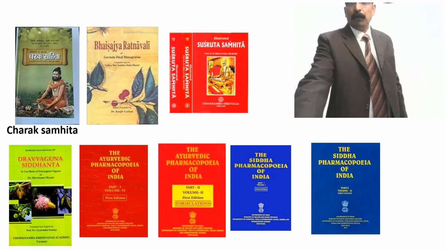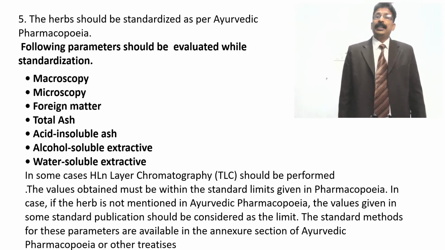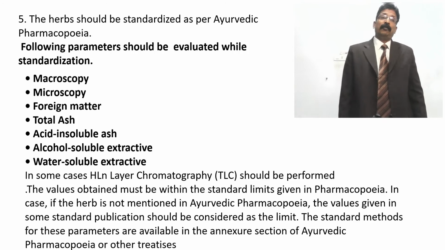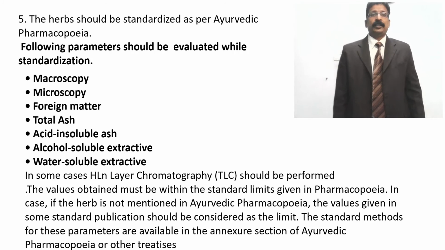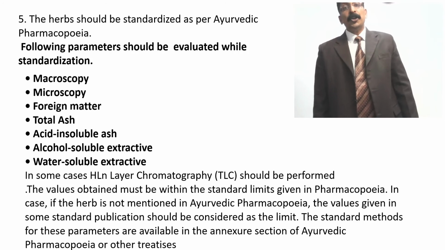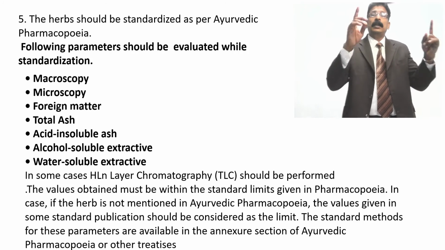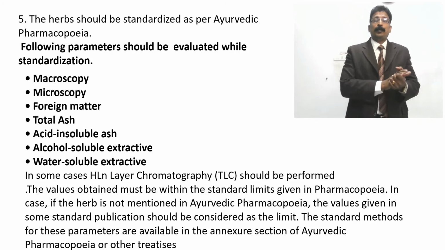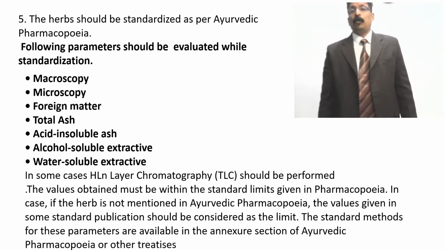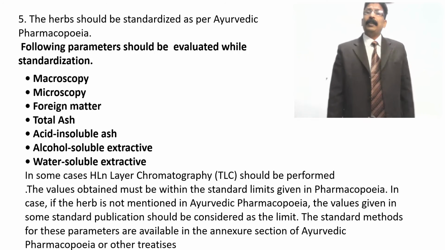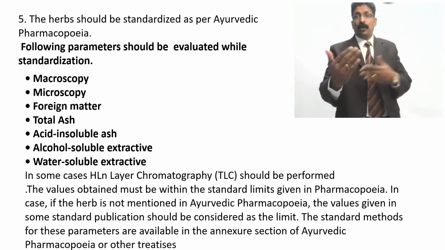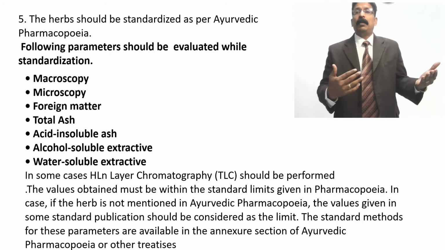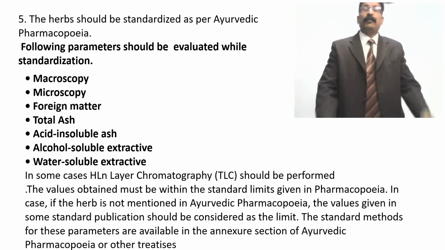So we have to refer to all these books for any manufacturing of herbal tablets or even herbal formulations. The herbals should be standardized as per the Ayurvedic pharmacopoeia or Siddha pharmacopoeia. I have given the Ayurvedic pharmacopoeia because when you are taking an Ayurvedic formula, you can go for this. Even for Siddha, it is the same thing.